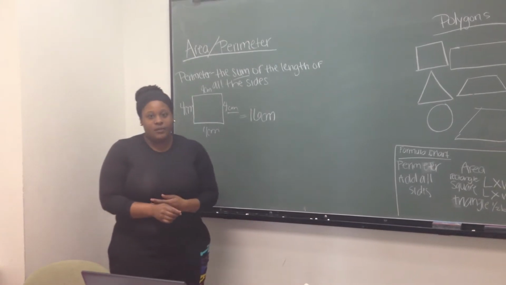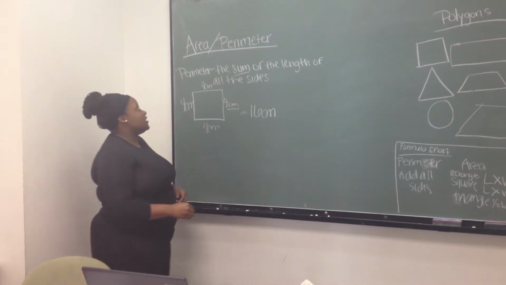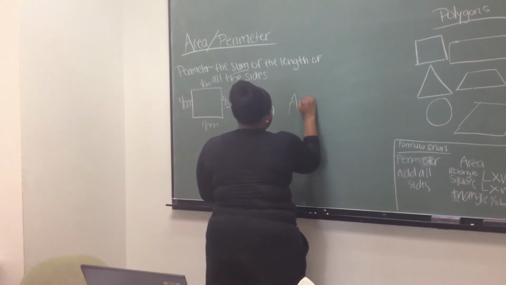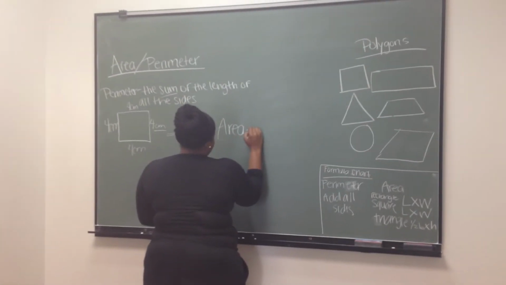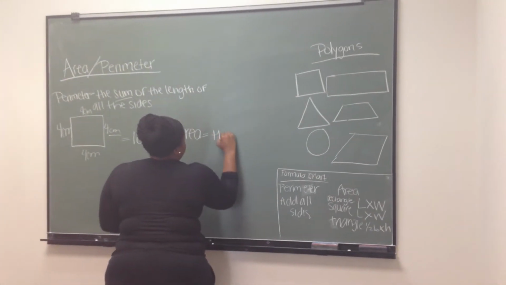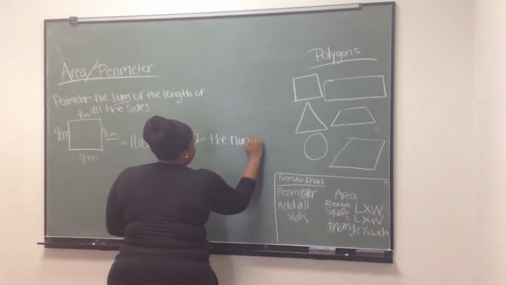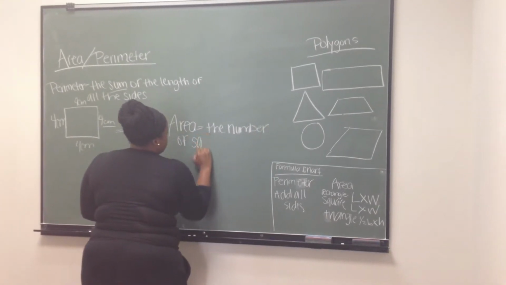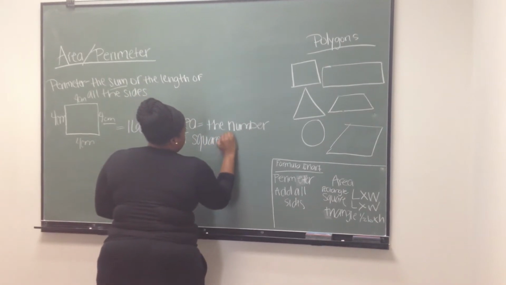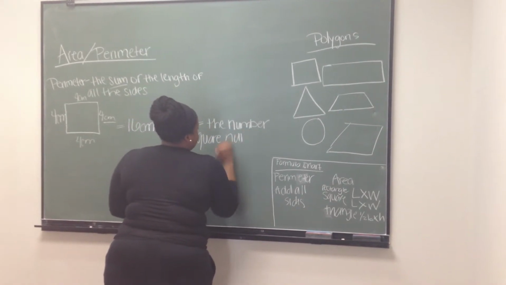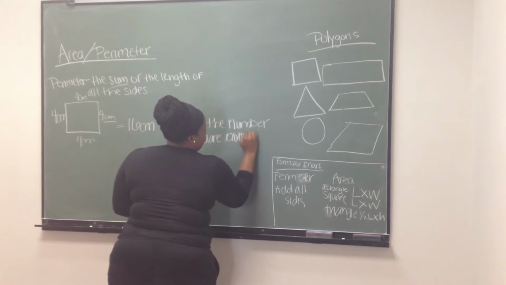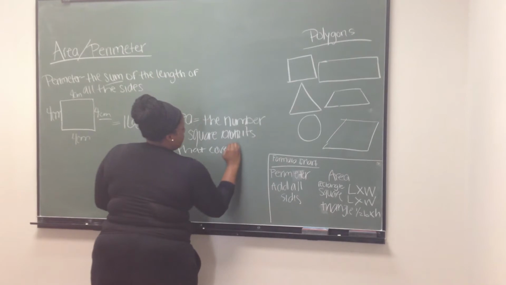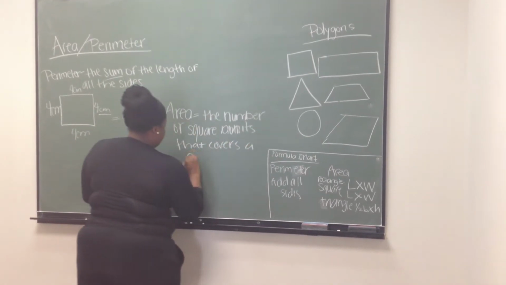Now, there's another way to calculate the distance, and it's called area. Area is the number of square units that covers a shape.